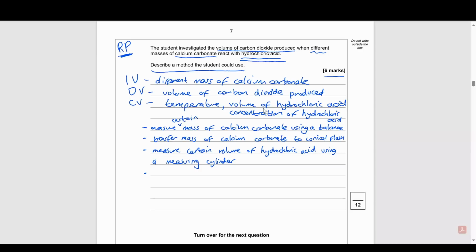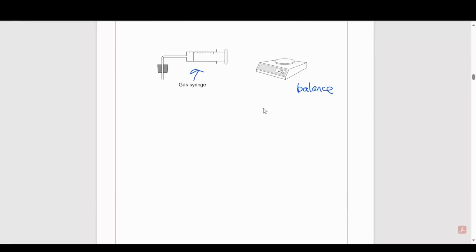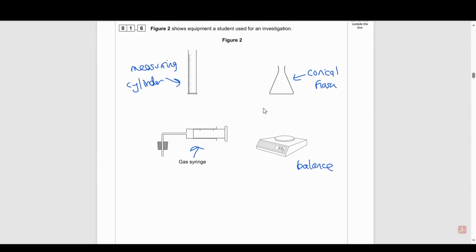Remember what we're trying to measure? We're trying to measure the volume of carbon dioxide produced. Now remember, in our equipment, we're going to be using a gas syringe. How is the gas syringe going to work? If you look at the end of the gas syringe, there is a bung. Now the point of the bung is to secure the top of our conical flask.